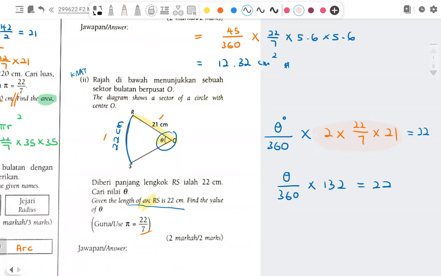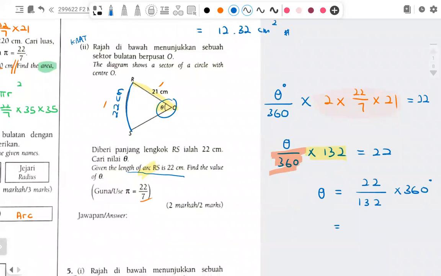See this one, it's times 132. So if we move to the back, it becomes divide. Times becomes divide. Then over 360 means divided by 360 degrees. Divide, change to the back, it becomes times. So if we combine all, 22 divided by 132, then times 360 degrees. That's how we switch to the right. Chapter 3, algebraic formula, switch to the right.